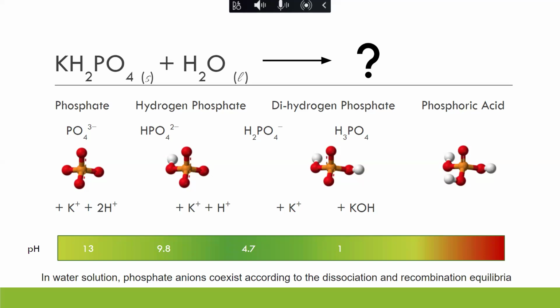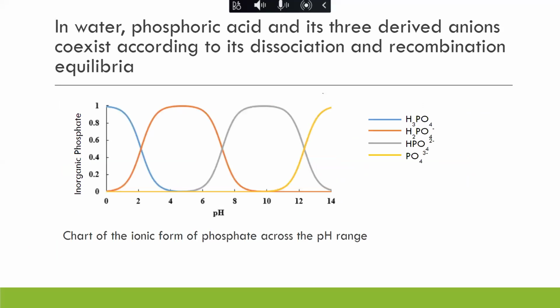So at a pH of sort of 4.7 and even lower, it's becoming more available to plants.